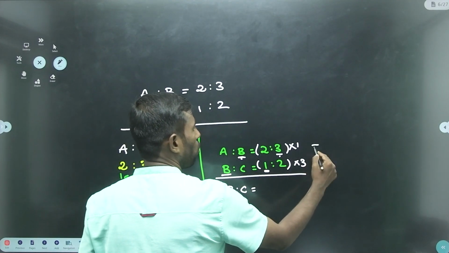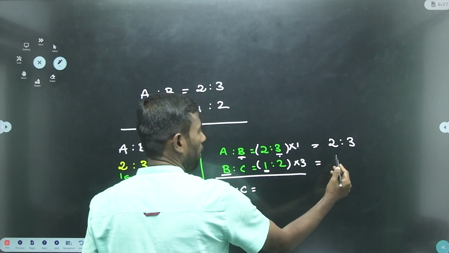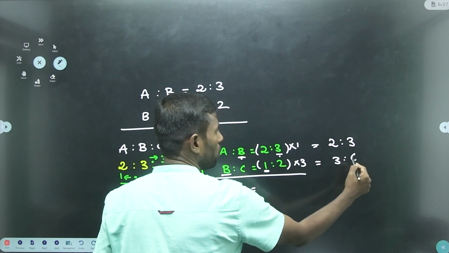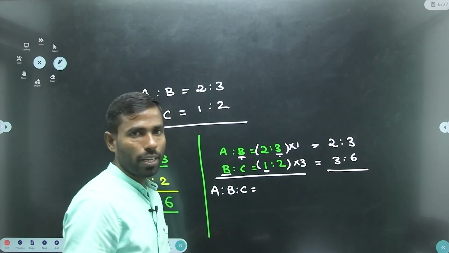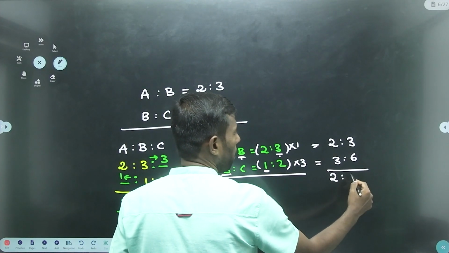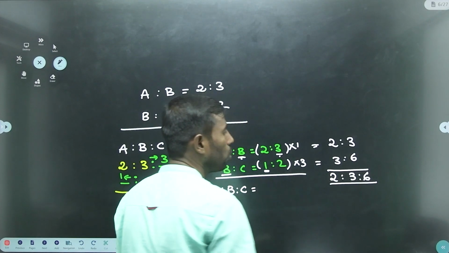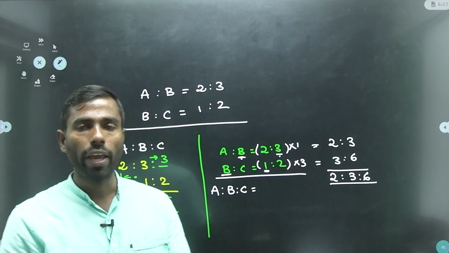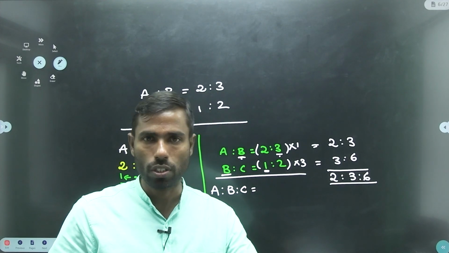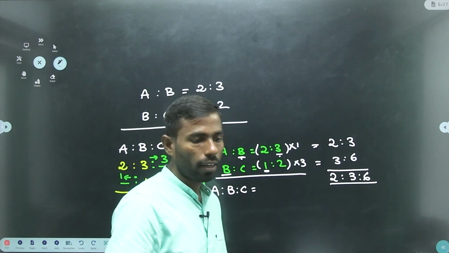So it is 2:3, and 3 into 1 is 3, 3 into 2 is 6. The B ratio values are now equal at 3. So A is 2, B is 3, C is 6. The ratio of A is to B is to C is 2:3:6. That is one method, by equalizing the common terms.